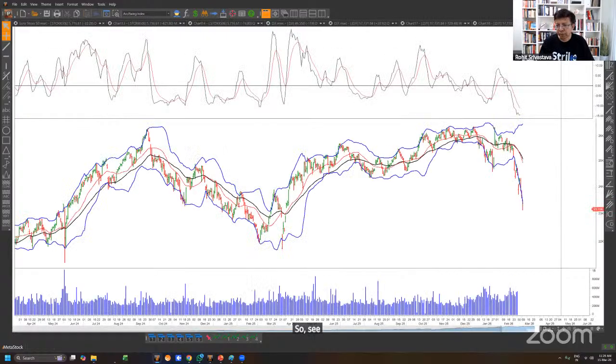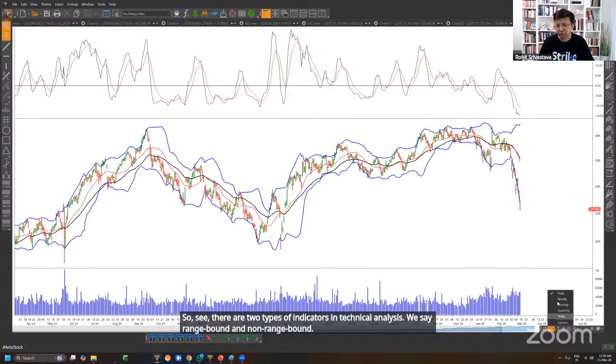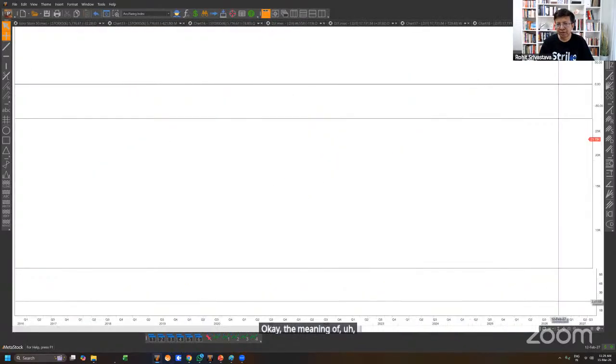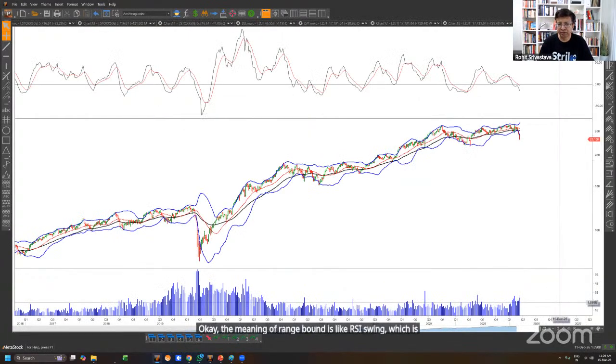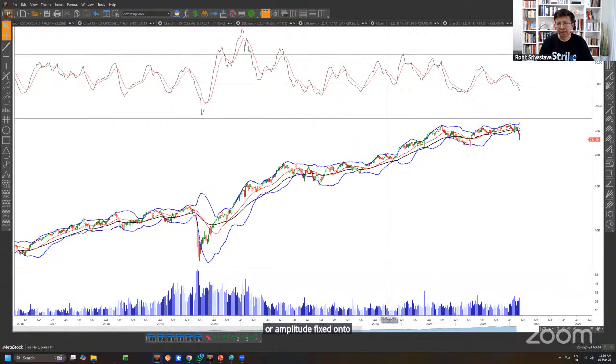See, there are two types of indicators in technical analysis: range bound and non-range bound. Range bound is like RSI, which swings between 0 and 100. The reason I like non-range bound indicators like RMI is that they don't have any level or amplitude fixed onto them. So if a trend is strong, they can keep going up, up, up.